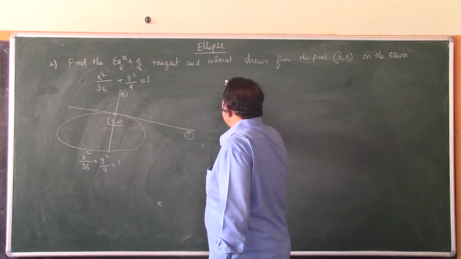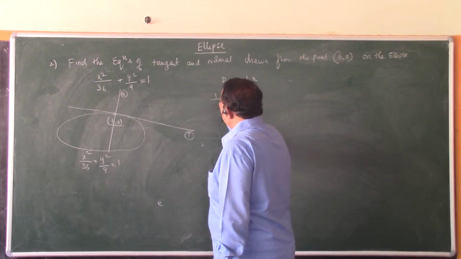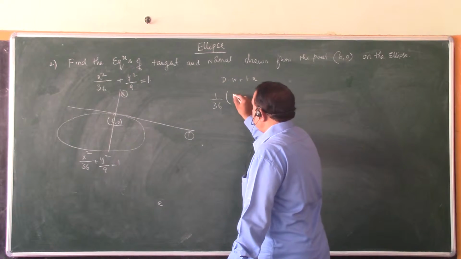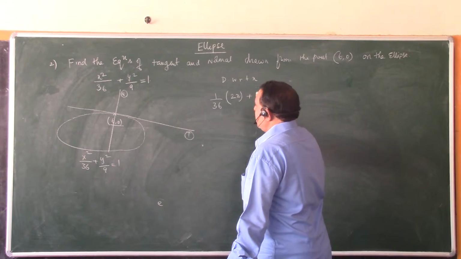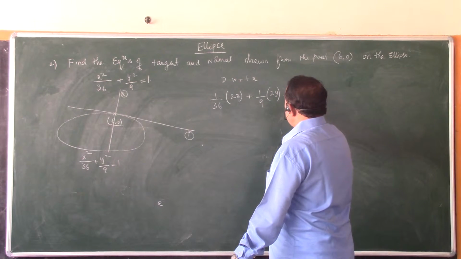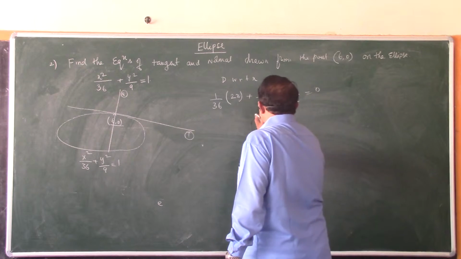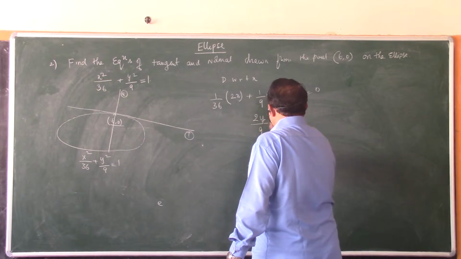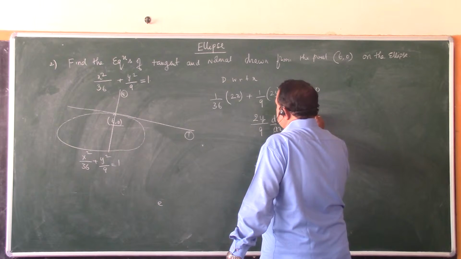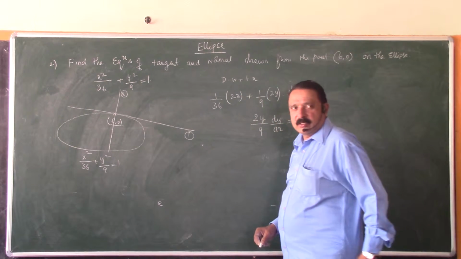So now differentiating with respect to x, 1 by 36 is constant. Now differentiate x squared, you get 2x, plus 1 by 9 into 2y into dy by dx is equal to 0. So 2y by 9 into dy by dx is equal to minus x by 18, since 2 and 36 cancel out.